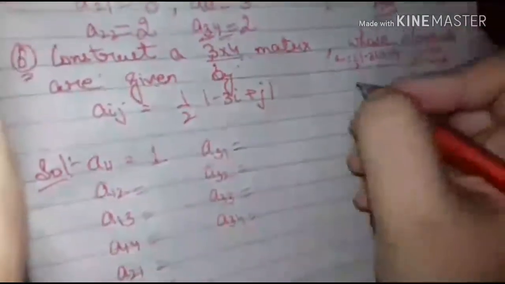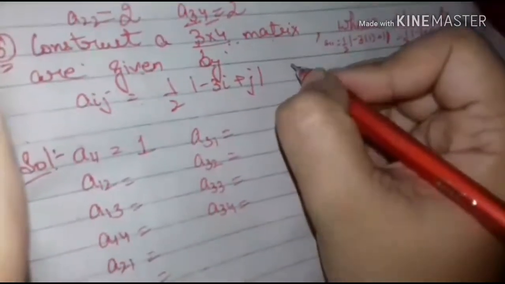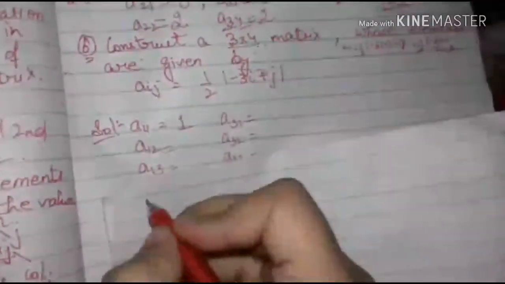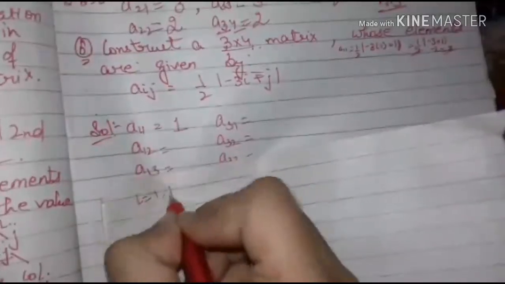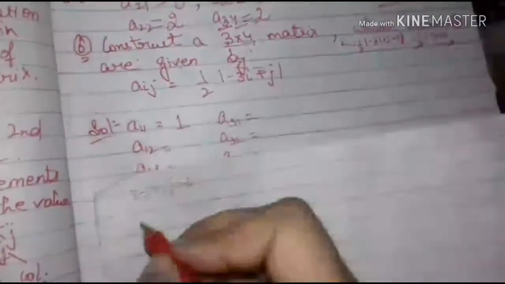Similarly, solve the second: put i equal to 1 and j equal to 2.